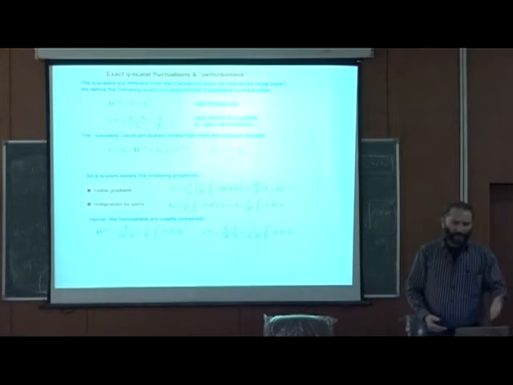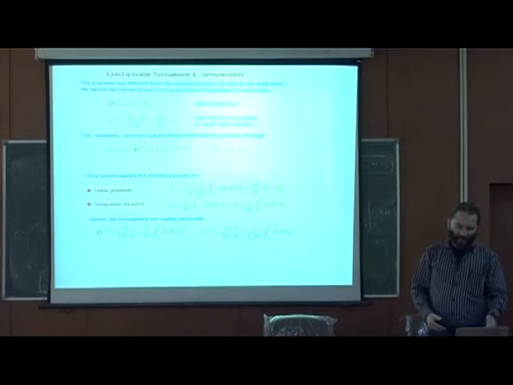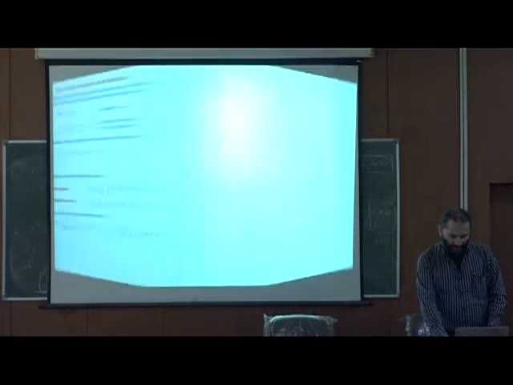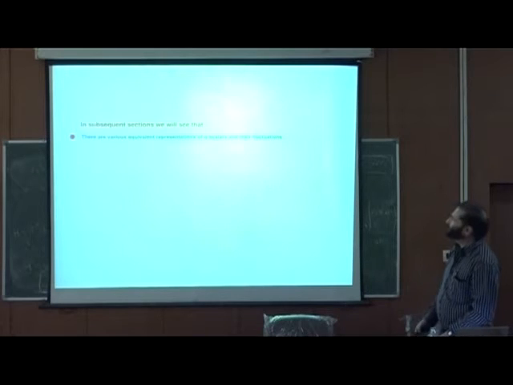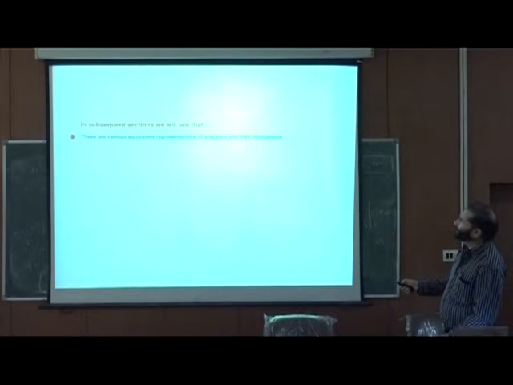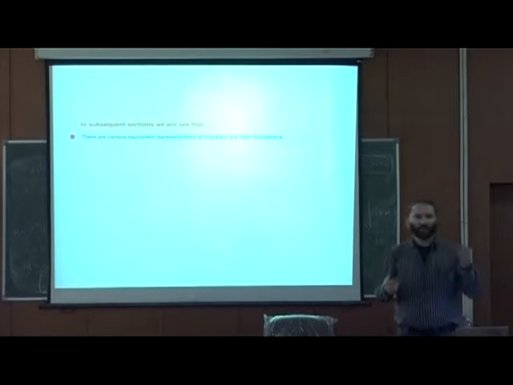Once we are equipped with these properties, there are a lot of things that we can do. Let me announce what we're going to do. In subsequent sections, we'll see that there are several representations of Q-scalars.